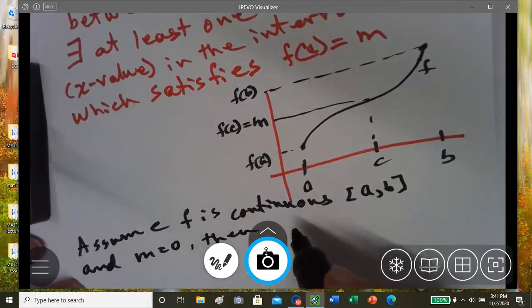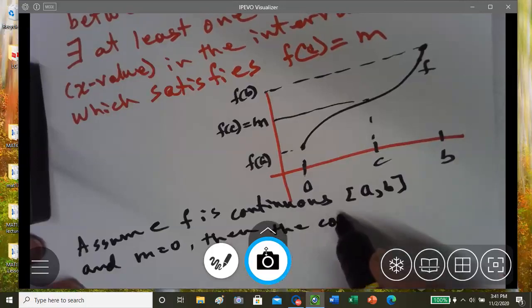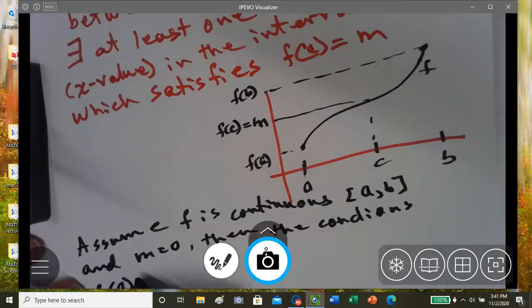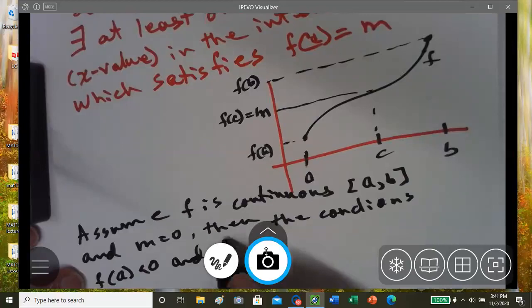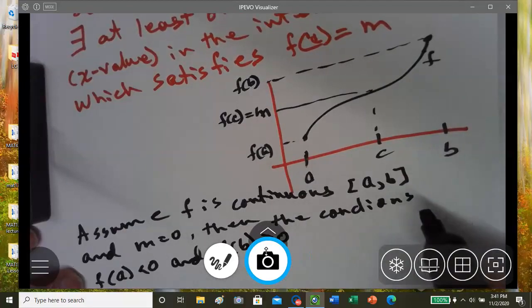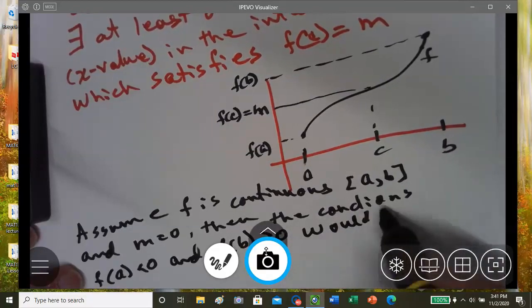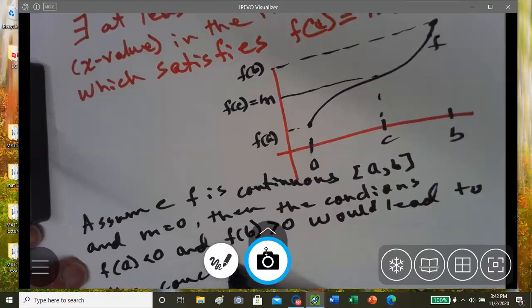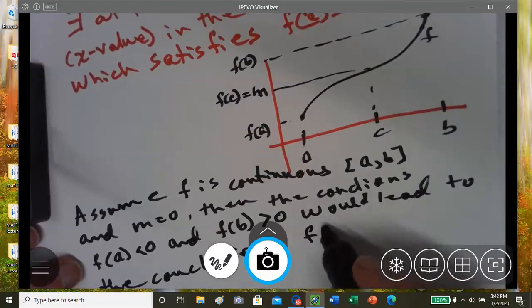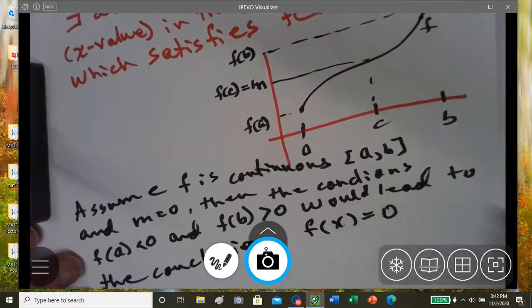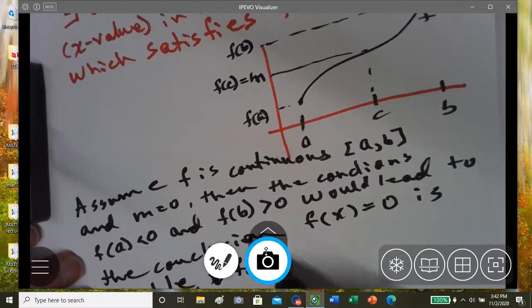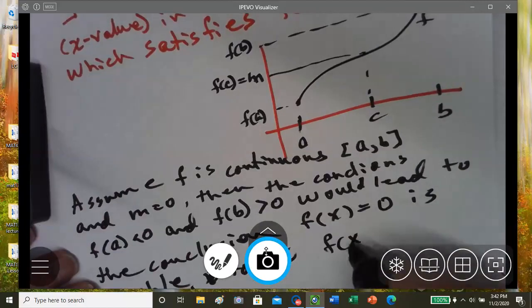Then the conditions for f of a is less than 0 and f of b is greater than 0 would lead to the conclusion that f of x equals 0 is solvable for x, where f of x equals 0.